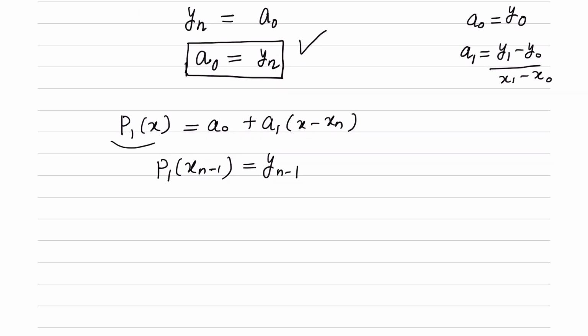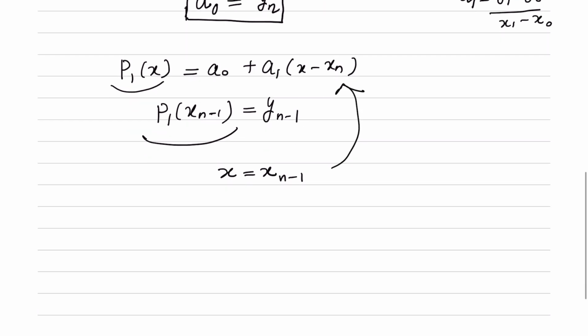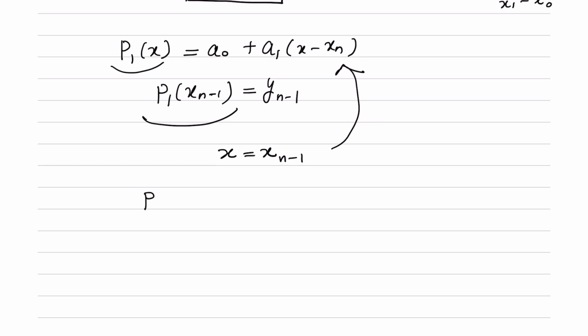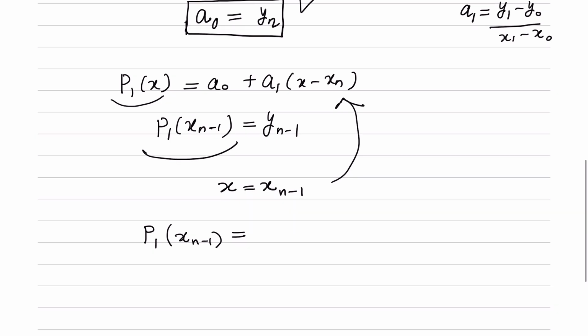Comparing the left side with the left side, p1 is the same as p1 and x is the same as xn minus 1. Plug x equal to xn minus 1 in the polynomial. We get a0, which we found as yn, plus a1, which we yet have to find, times xn minus 1 minus xn.